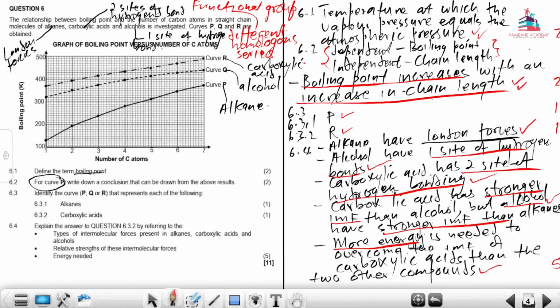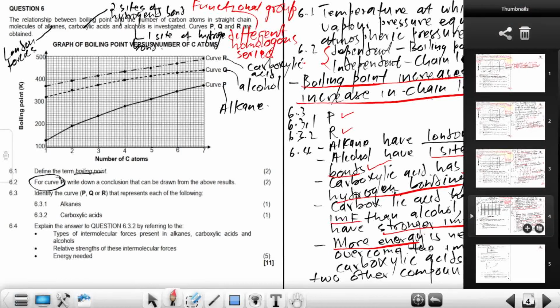So that was problem number 2 of graphs, but generally we are trying to address all other types of questions that you might be exposed to when working with physical and chemical properties. So let's go to the last one.